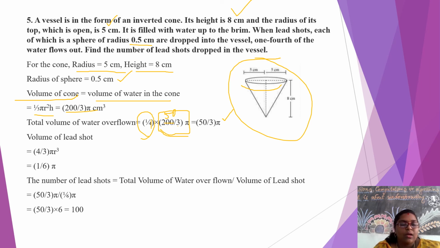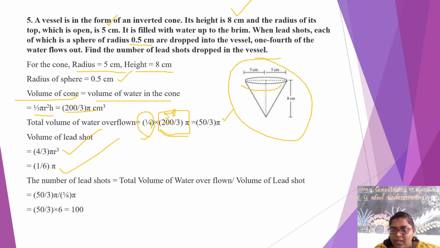So the volume of the lead shot is 4 by 3 pi r cube because it is in the shape of a sphere. What is the formula to find the volume of the sphere? 4 by 3 pi r cube. So while substituting I am getting 1 by 6 pi. Now you know the volume of the water, the volume of the lead shot, and how much water came out.